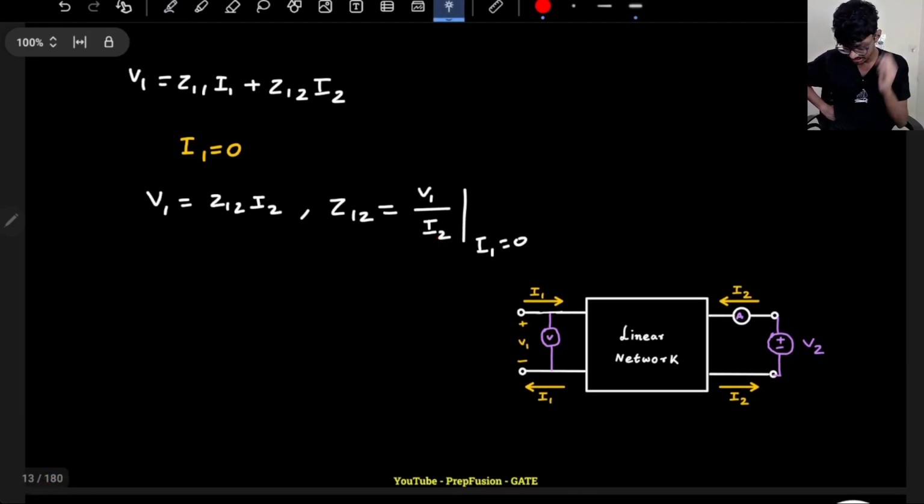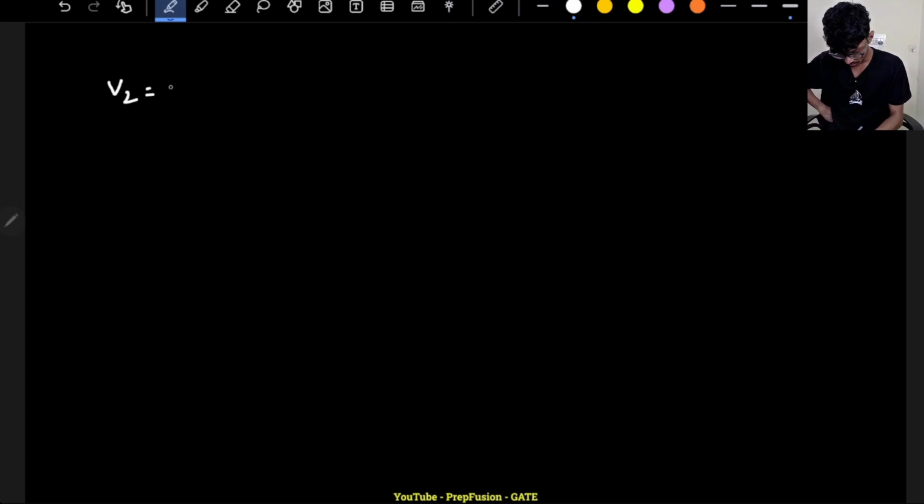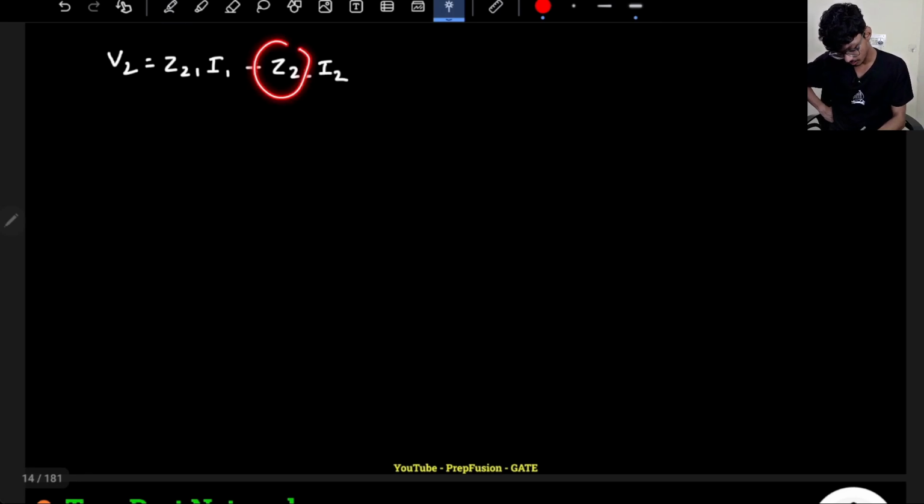So what about the last case? In the last case, I have to find out Z22. The equation is V2 equals Z21 I1 plus Z22 I2. I have to find the value of Z22 because Z21 I have already found out.